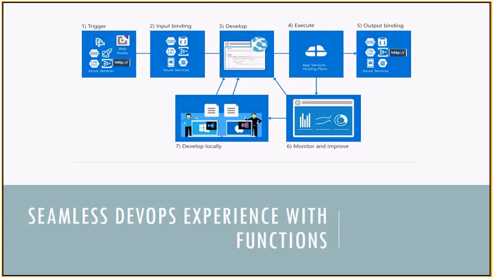Each Azure function is provisioned with a Git endpoint, allowing for seamless local development and continuous integration using services like Visual Studio Team Services, GitHub, and Bitbucket. Developers can monitor and troubleshoot Azure Functions with logging capabilities included in the Azure Functions experience on Azure.